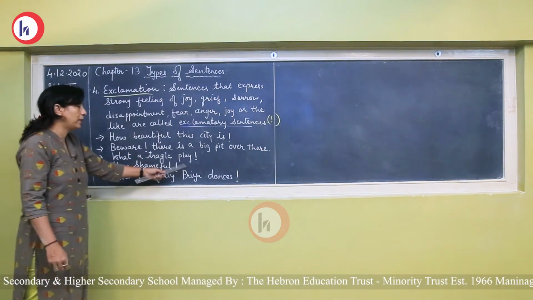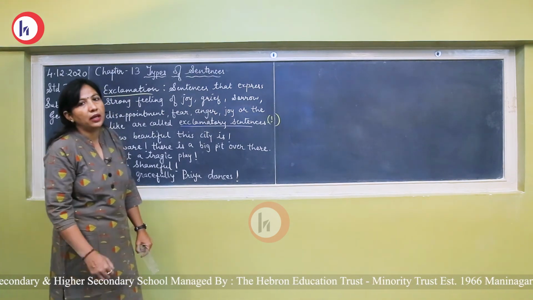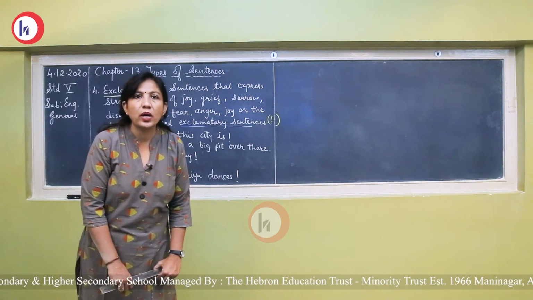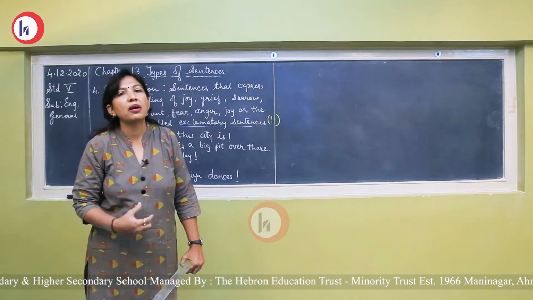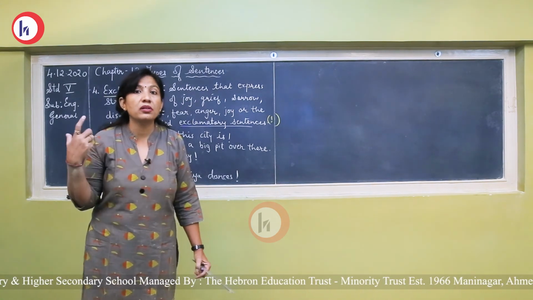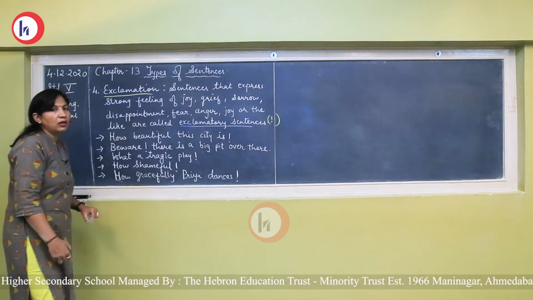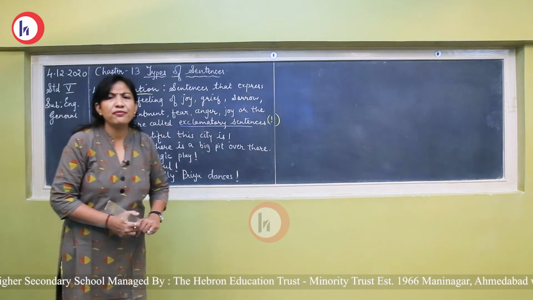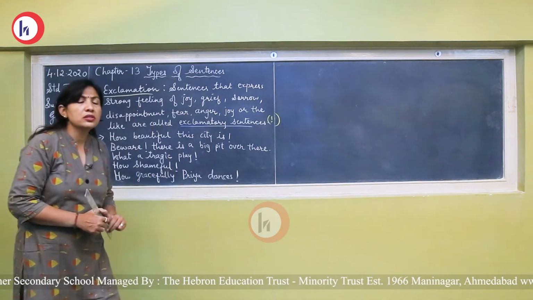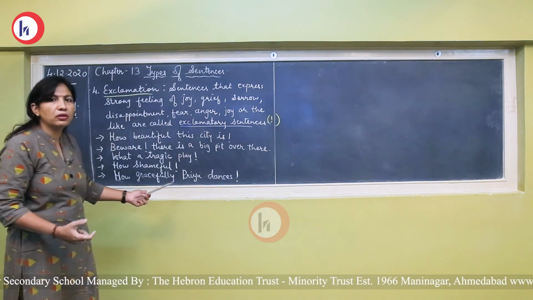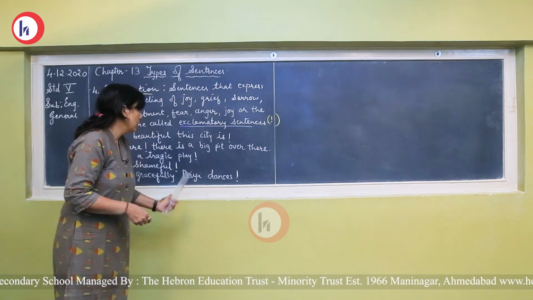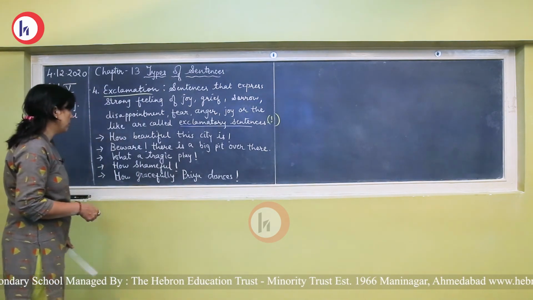What a tragic play! After seeing a very tragic play and coming out of the room, we say what a tragic play. How shameful! We are feeling shame, so we use the sentence how shameful, and we use the exclamatory mark.